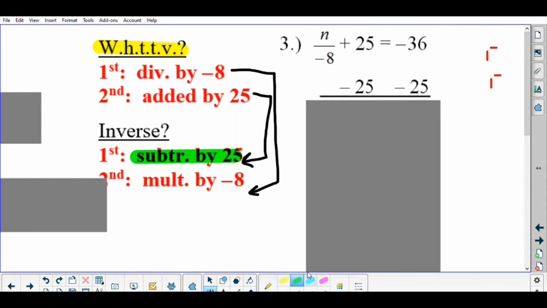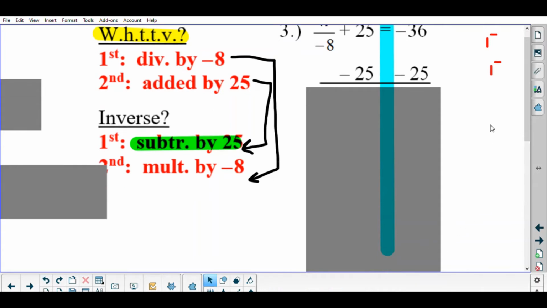The equal sign separates the left side from the right side, and so make sure you lined up one of those subtracting by 25s on the right underneath the -36, and then the other subtracting by 25 should be under the adding by 25 because that's the part you are inversing. Please do not put the -25 underneath the fraction because that's not the part you're inversing at that moment in time.